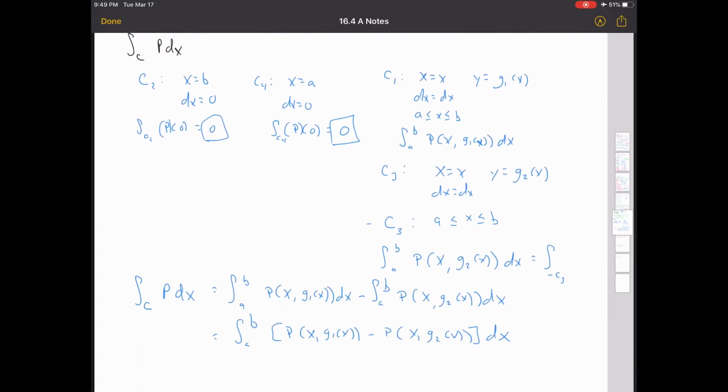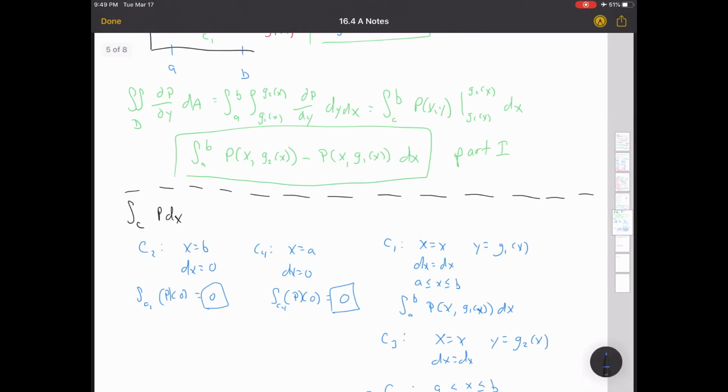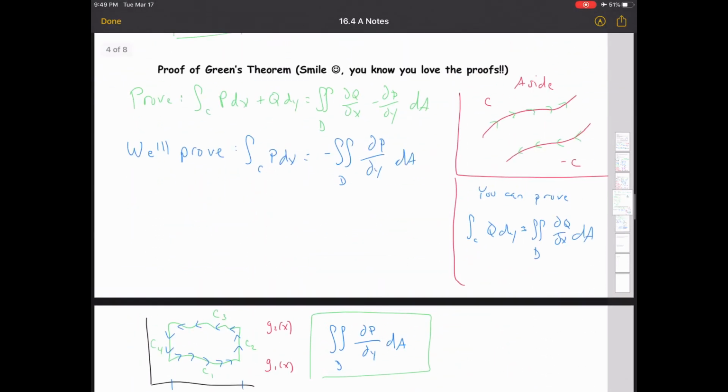So this is the same as this that we found in part 1. So this was part 2. And they are the same thing. So we've just proven half of it. Again, you could go back and do the other proof for the other half, but I think that's probably pretty good for right now.